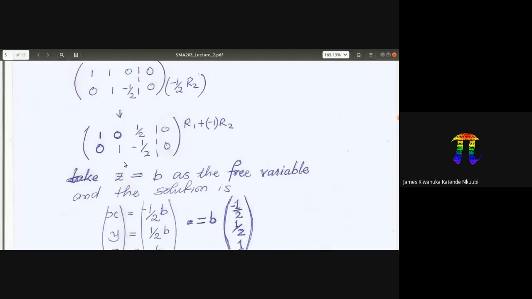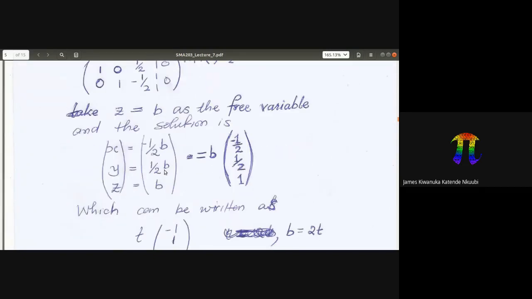So as usual, you need to find your basic variables and your free variables. Z is a free variable, so you try to write all the other basic variables in terms of the free variables, and this is your solution. So any vector in the kernel will look like this.